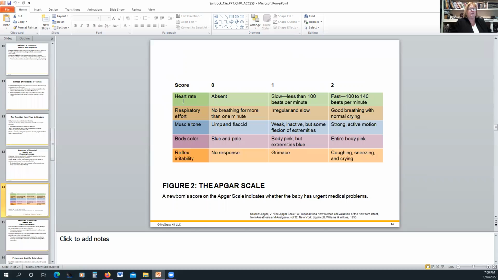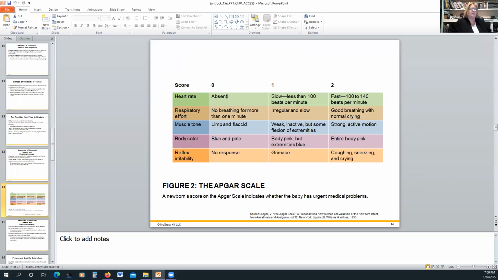What was baby doing? The APGAR scale checks heart rate, respiratory effort, muscle tone, body color, and reflexes at 1 minute of life and then at 5 minutes of life. If baby had a rough entry into the world, they may then check it at 10 minutes of life.